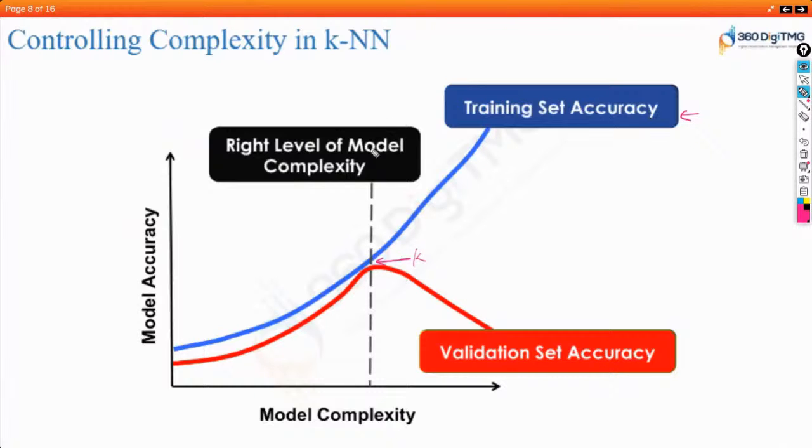So we try to come up with that particular value which is higher and which is similar between both these scenarios. Validation dataset and test dataset, both should be similar. So at what value of k we get it? That's what we have to figure out. That's what we have to find. And this is your KNN algorithm.